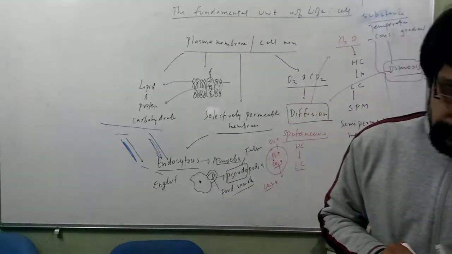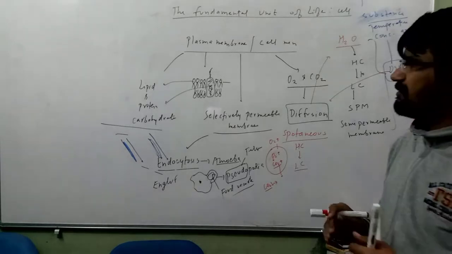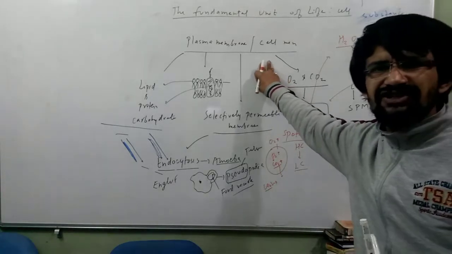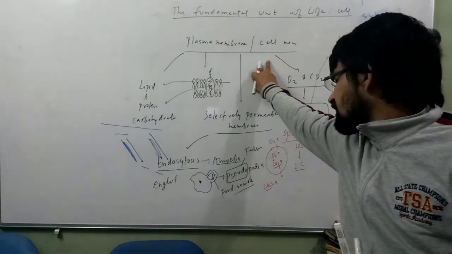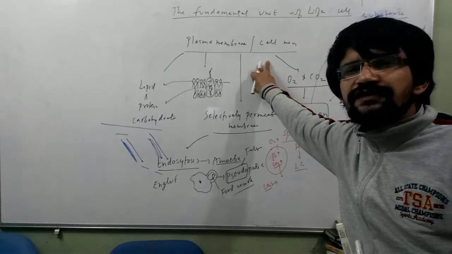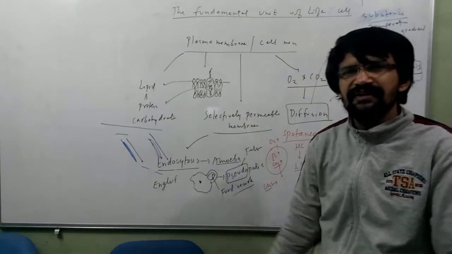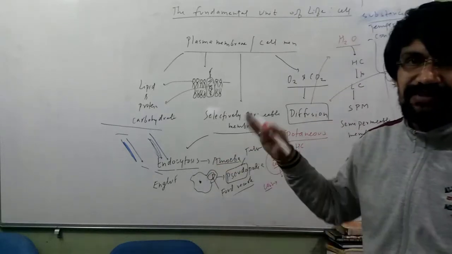Now, let me add a certain more point that this plasma membrane is flexible in nature. It's not rigid, like our boundaries, which are made up of brick and cement. They're not rigid like that. These are flexible. They can move.